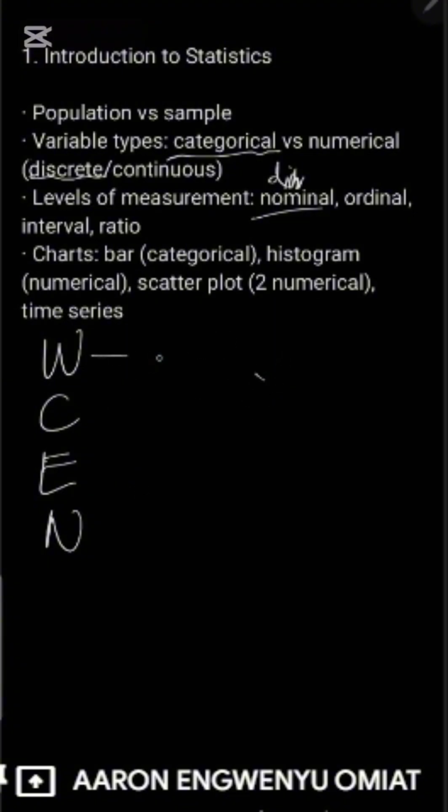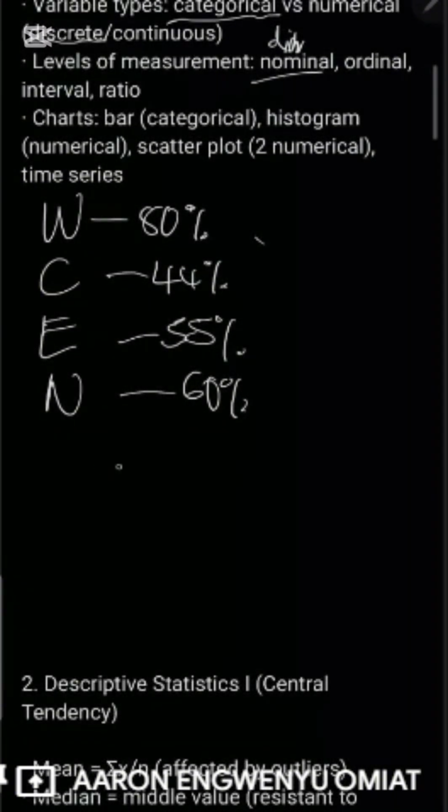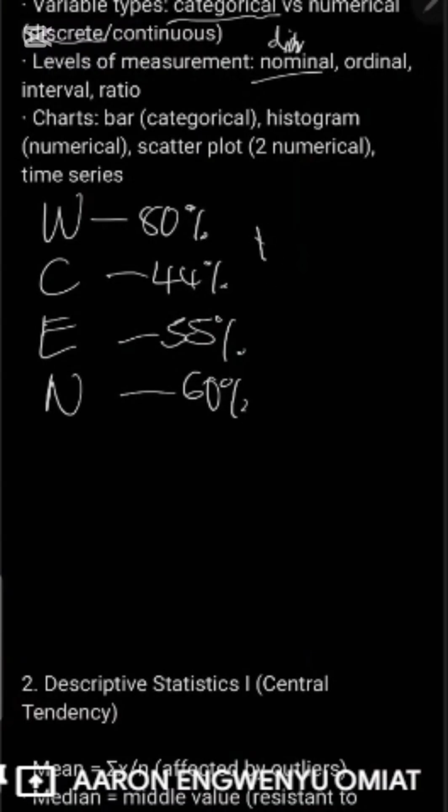Let's say we allocate Western 80% turnout, Central maybe 44% turnout, East maybe 55% turnout, and North something like 60% turnout. Then we order this list, and in order we will have Western, Northern, Eastern, then Central.